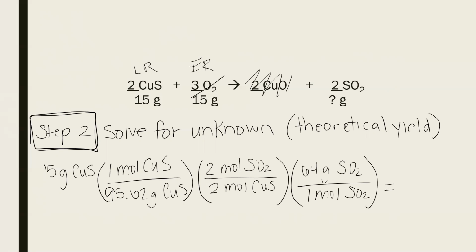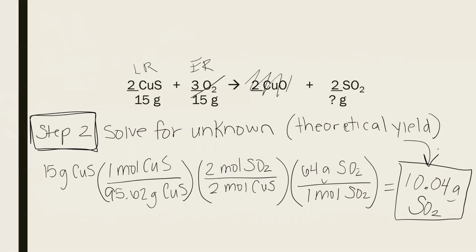Okay, and if you plug that into your calculator, I get 10.04, or something close to that, grams sulfur dioxide. That is my theoretical yield of product based on the equation. So if I started with 15 grams of copper sulfide, which is my limiting reactant, I theoretically should get about 10.04 grams of sulfur dioxide.